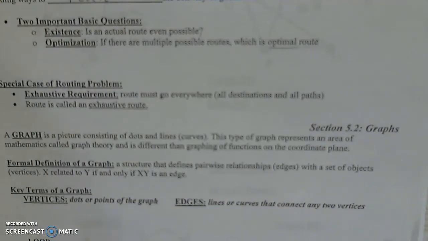But then on the other hand, sometimes with the shorter distance, maybe you have to go through small towns where you have to drive a lot slower. So the optimal route might be taking an interstate where you can actually get there faster.